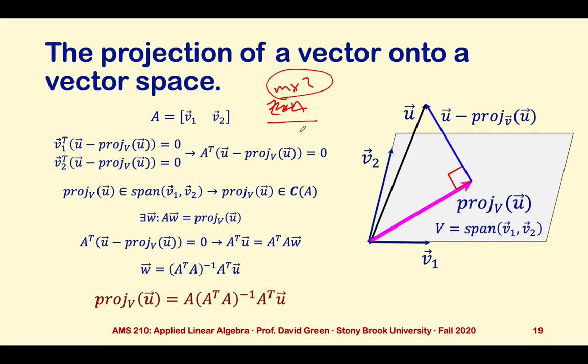A transpose, of course, will then be a 2 by m, and this A transpose A will be a 2 by 2 matrix.